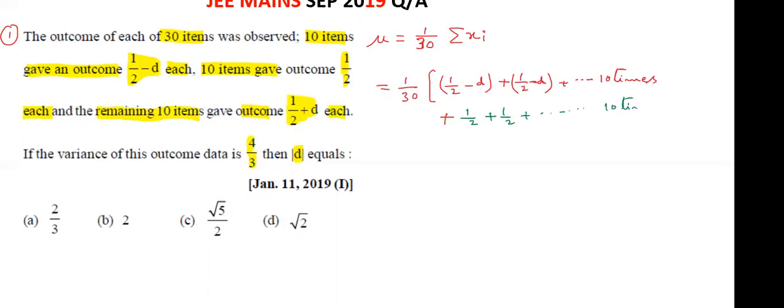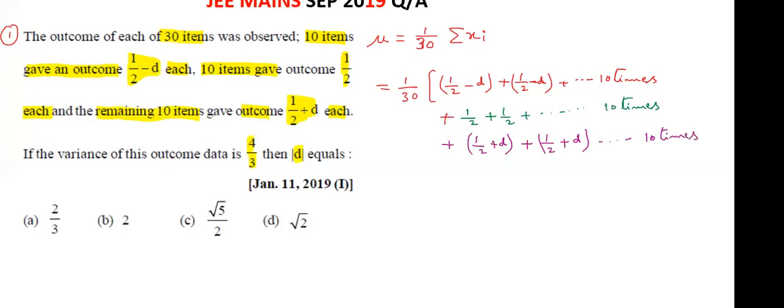So we have completed 20 observations. Next, 1/2 plus d is also repeatedly given 10 times.